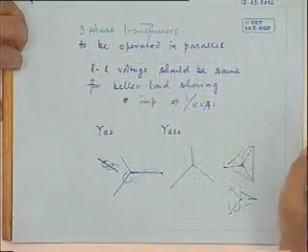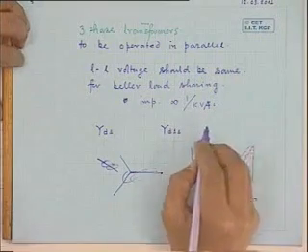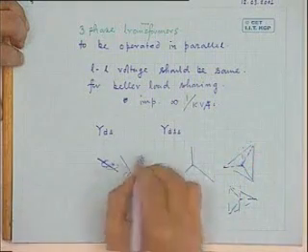Therefore, the additional condition or constraint which is put in case of connecting two three-phase transformers in parallel is that they must belong to the same vector group.